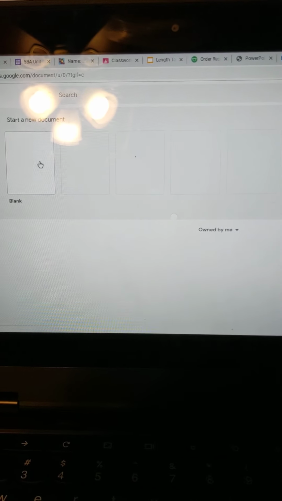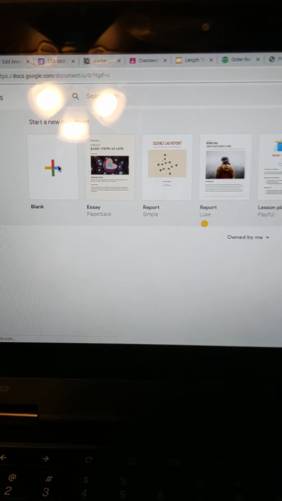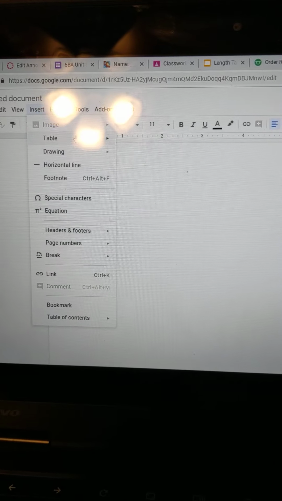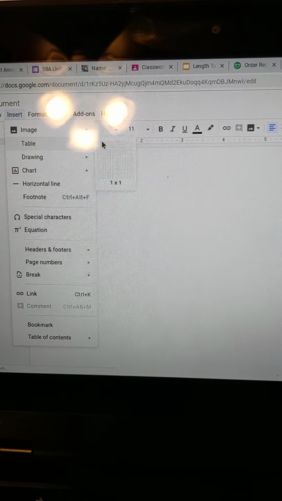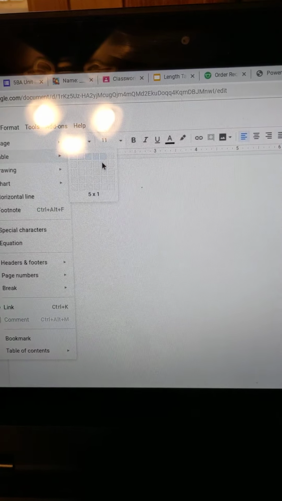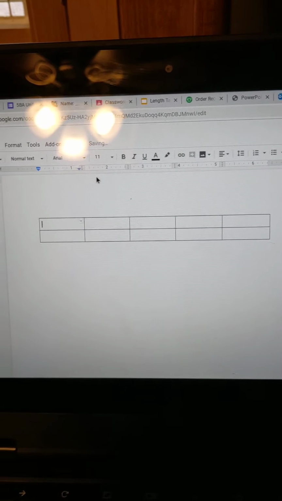I would put 10 boxes in. Okay. So blank, insert, table. You could do this a couple different ways. I'll do 5 by 2. Okay. Give yourself some space in each.